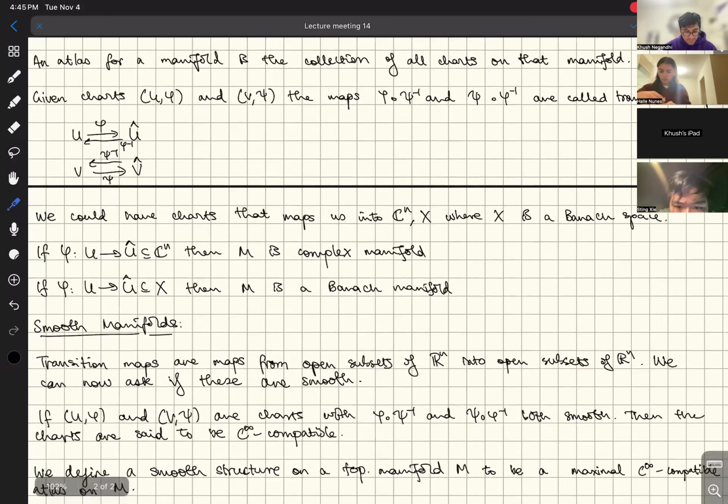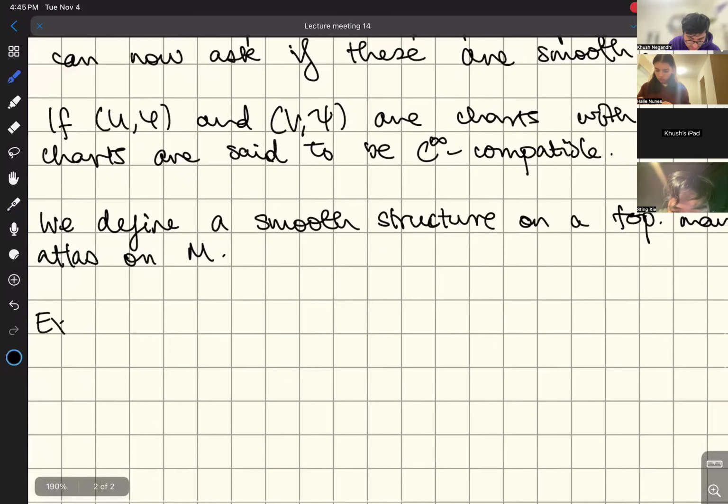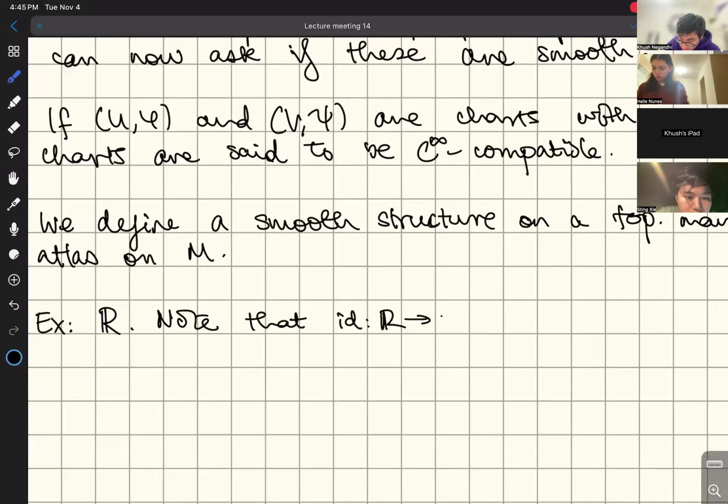I think this idea is so important that I'll actually give an example. So say you have R, and you wanted to determine a smooth structure on R. Note that the identity map from R to R is a homeomorphism, right?